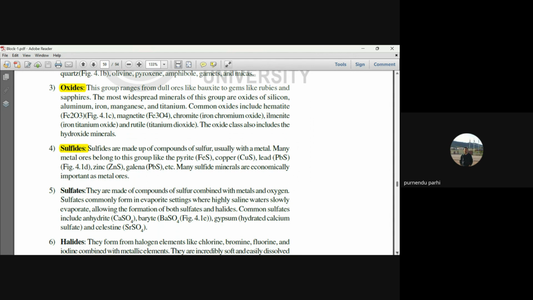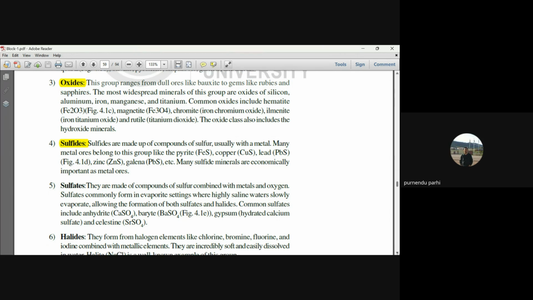Then sulfates. They are made up of compounds of sulfur combined with metal and oxygen. Sulfates commonly form in evaporite settings where highly saline water slowly evaporates, allowing the formation of both sulfates and halides. Common sulfates include calcium sulfate, barium sulfate and strontium sulfate.